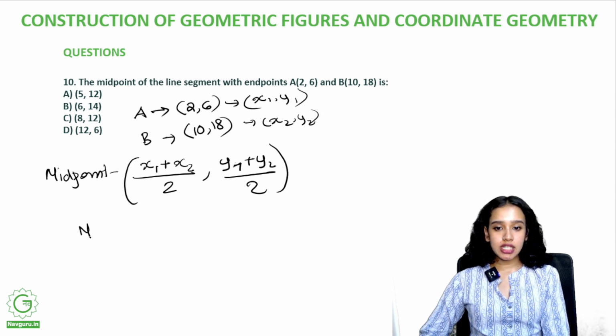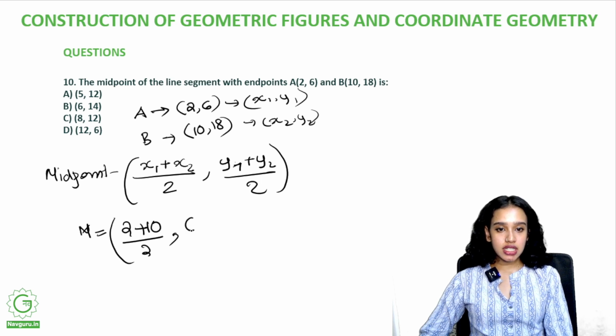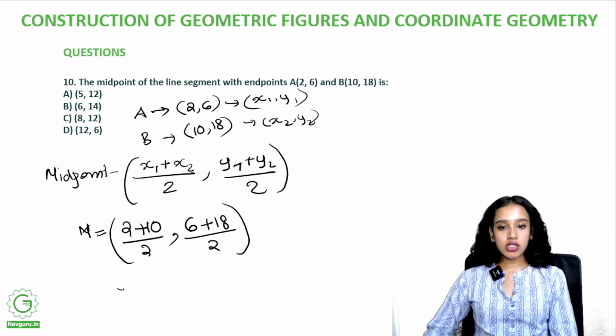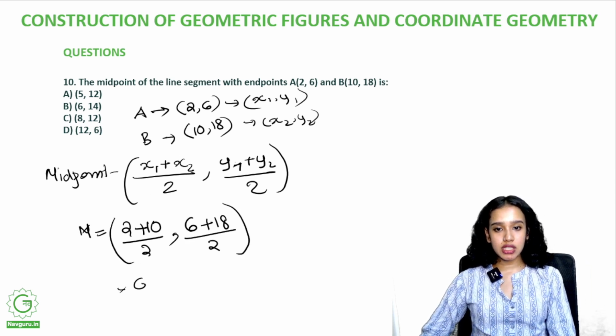So here this is x1 and y1 and this is x2 and y2, right? So midpoint is equal to, what is x1? 2 plus x2 is 10 by 2 and y coordinate is y1 is 6, y2 is 18 by 2, right? Now what is 10 plus 2? 12 by 2 is 6.